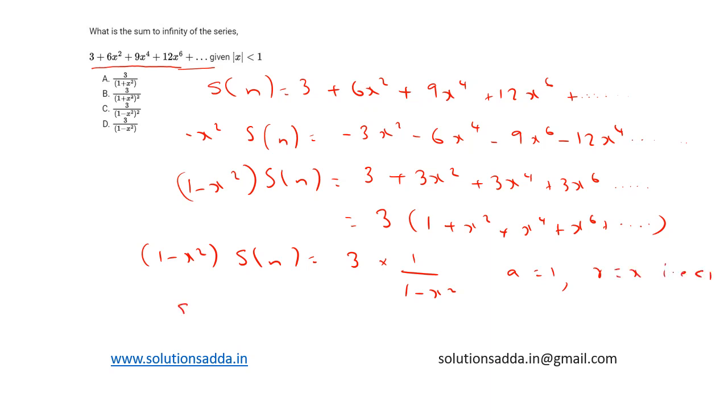So S will be equal to 3 by 1 minus x square the whole square. And based on the options, option B, 3 by 1 minus x square the whole square, is the right answer here.